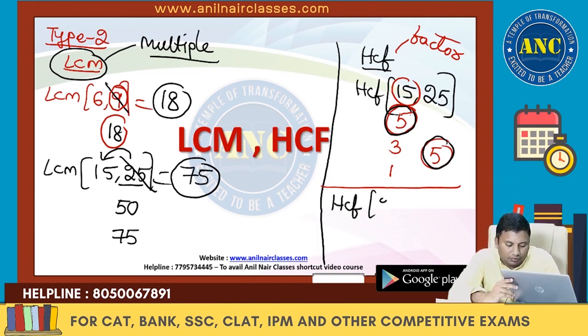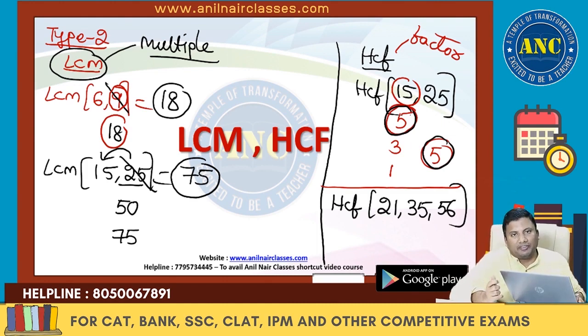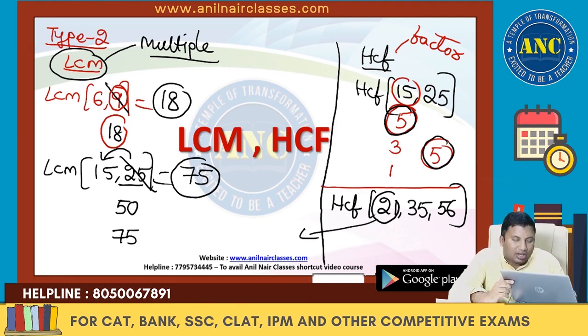HCF of 21 comma 35 comma 56. The lowest number is 21. Is 21 a factor of 35? No. Is 21 a factor of 56? No. Take the factors of 21.